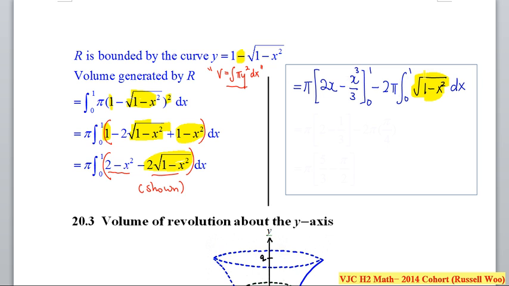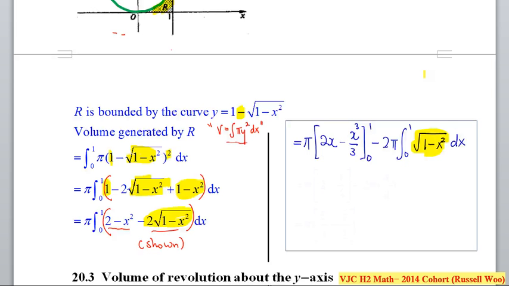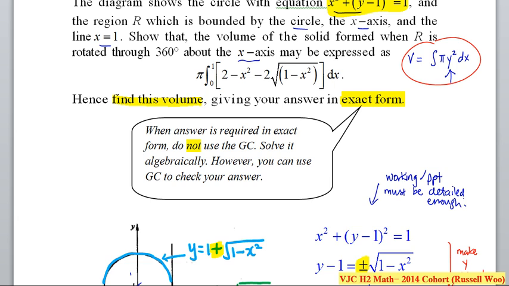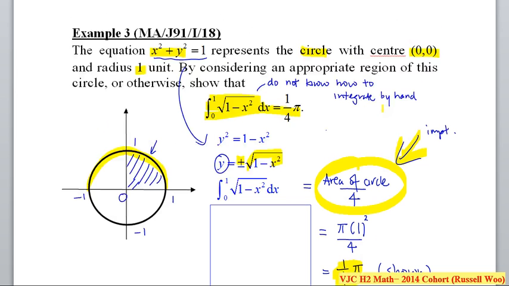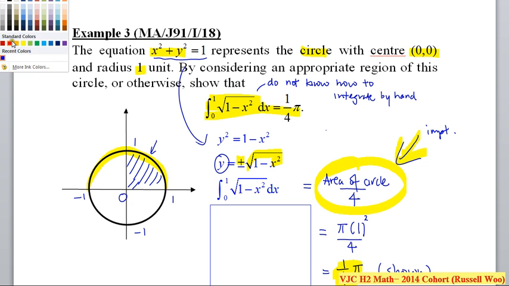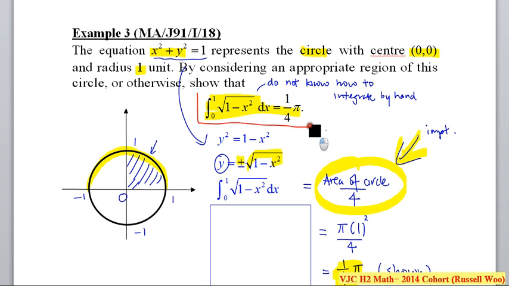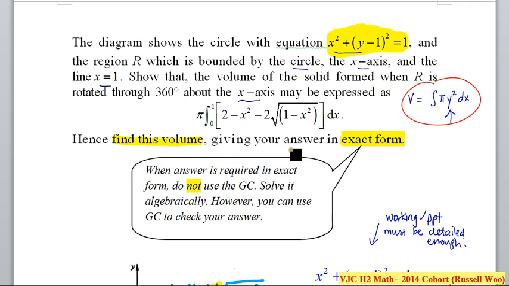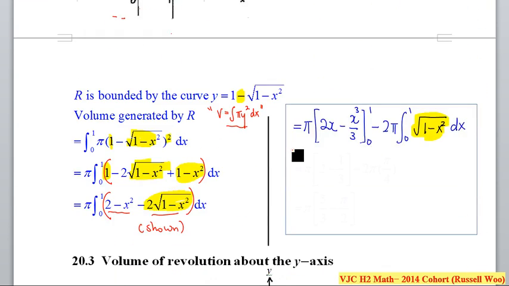Do we know how to integrate this by hand? We actually don't know. But as part of the question, you realize in an earlier part here, you have shown this. Do we all remember we have shown this? Even if you don't know how to show it, can you please make use of the result? Follow? So, we can make use of this result.